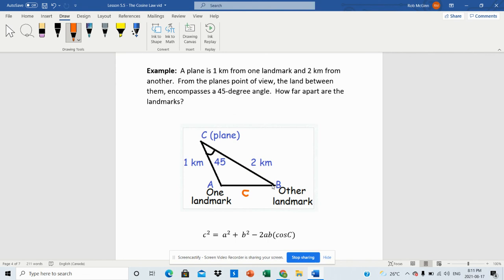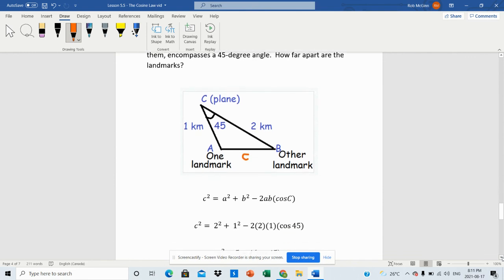And B is opposite angle B, and it's 1 kilometer. So those are the numbers we're going to use: 2 for A, 1 for B. So c squared equals 2 squared plus 1 squared minus 2 times 1 times the cosine of 45.